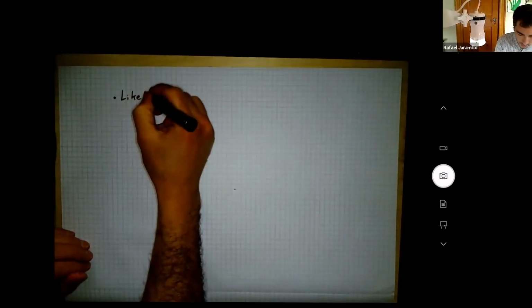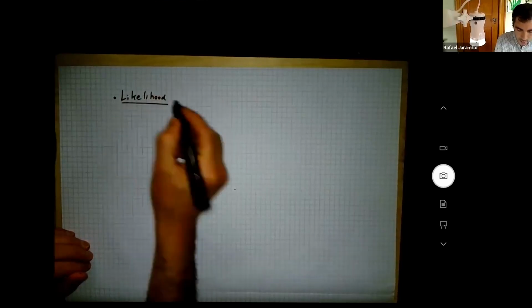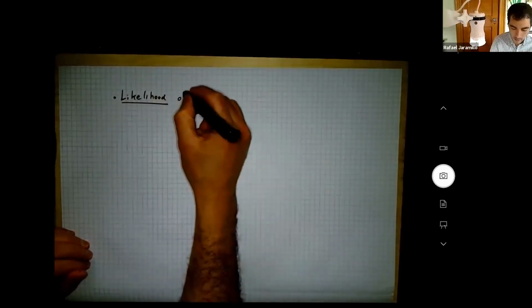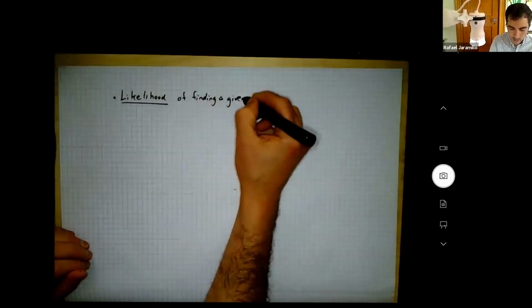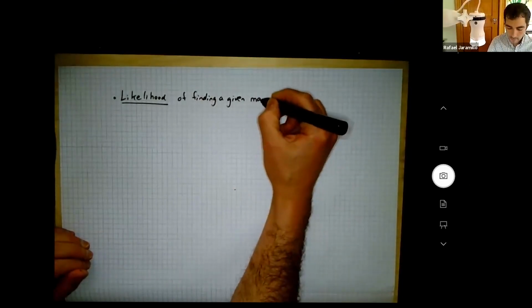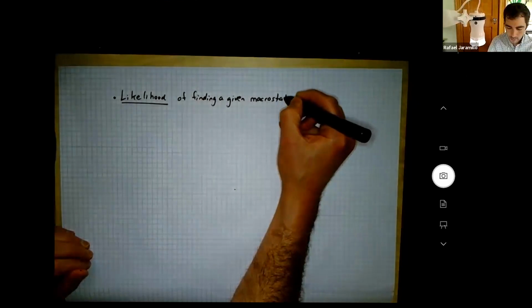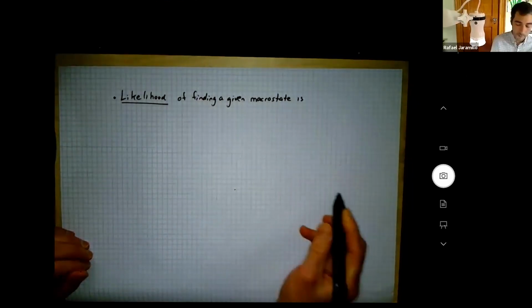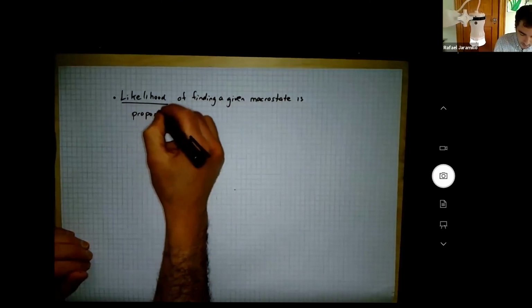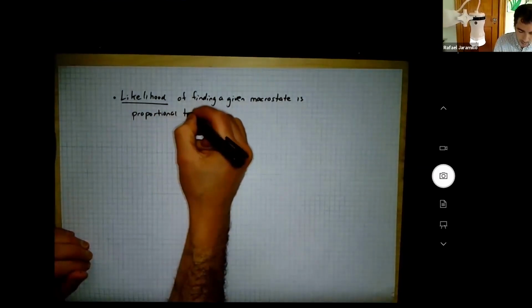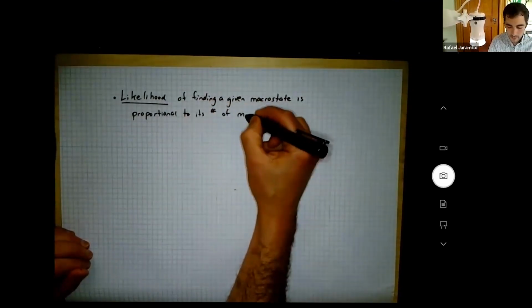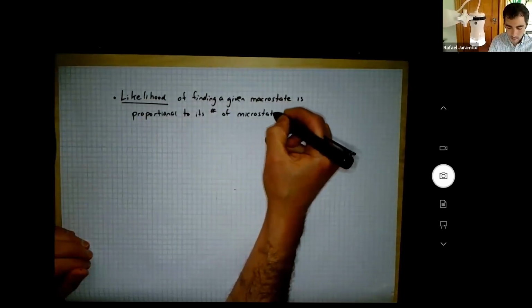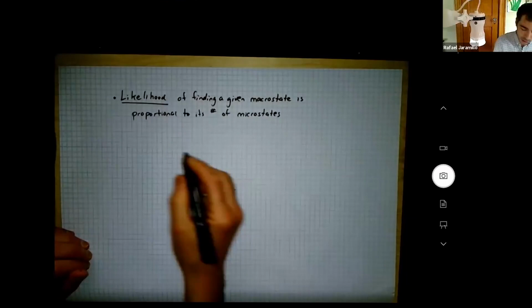And the likelihood of finding a given macrostate is proportional to its number of microstates.